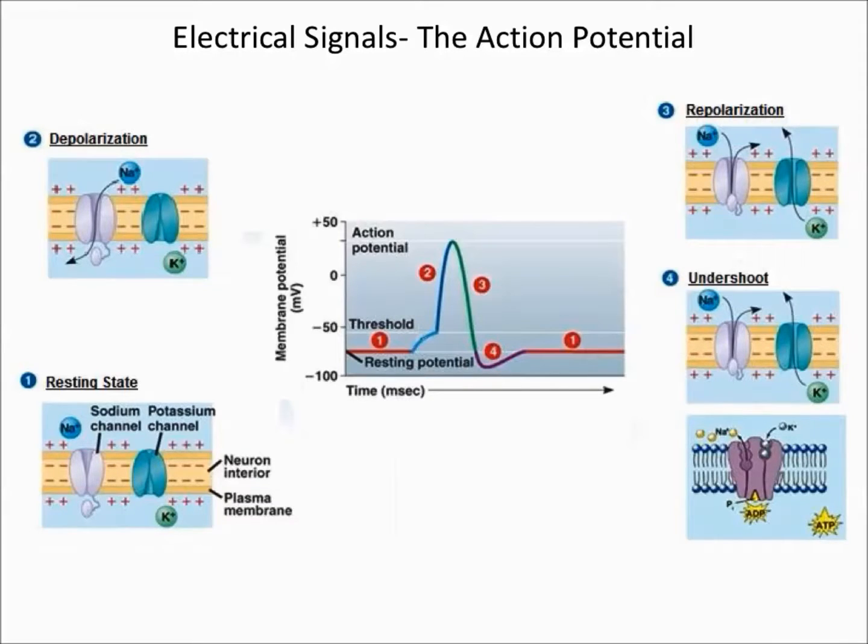So the first part of the undershoot is due to, again, voltage-gated sodium ion channels remaining closed, but voltage-gated potassium ion channels remaining open, allowing more positive potassium ions to flow out of the axon. The second part of the undershoot is due to the action of the sodium-potassium pump returning sodium ions and potassium ions back to their resting concentrations and resting locations, which is why we return back to resting state.